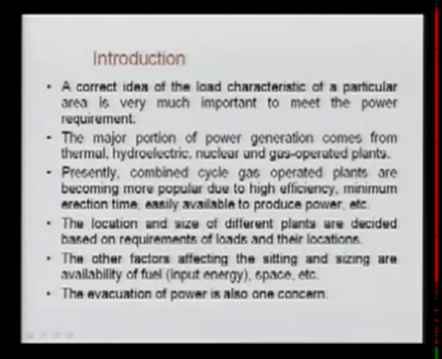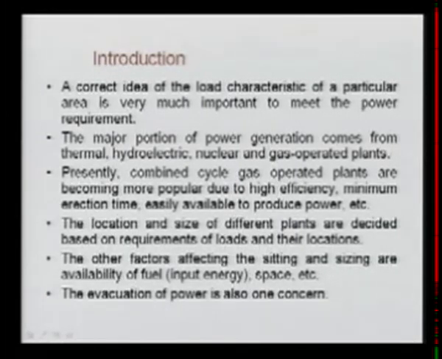In any particular area or substation, the load keeps on changing. So we must know the load characteristic correctly, so that we can meet the power requirement with minimum cost.